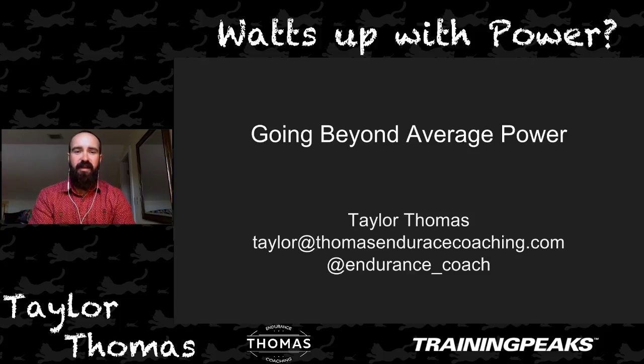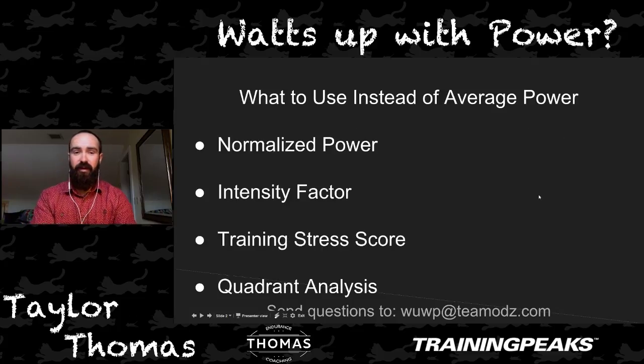One of the first things that folks who are newer or beginning to pay attention to their power numbers realize is that it's all over the place, and it can be really hard to keep track of what average power is doing. Because of that, we need to go a little deeper to understand what a ride means in terms of the effort that you're producing, and then even further, the physiological cost or demands of that ride.